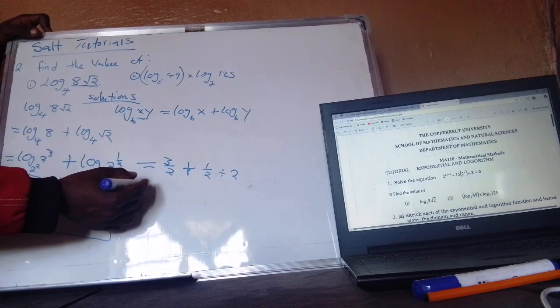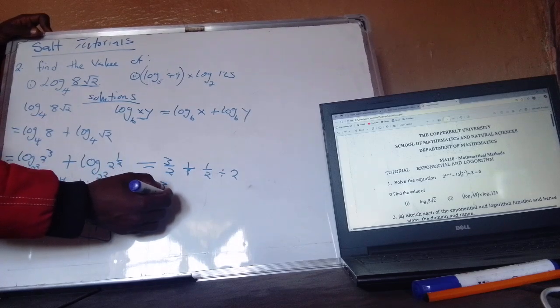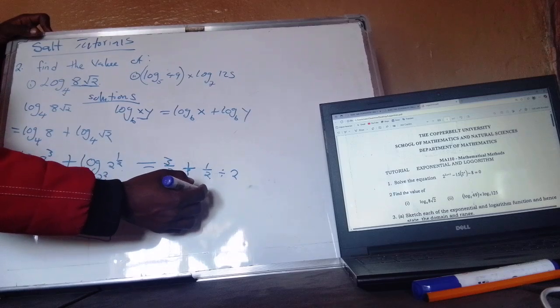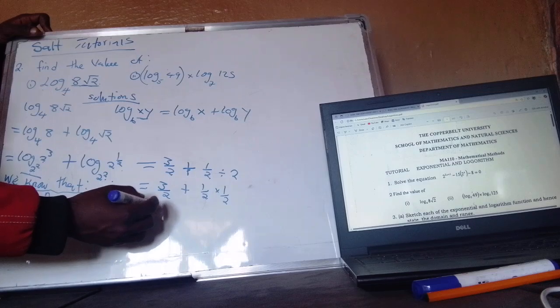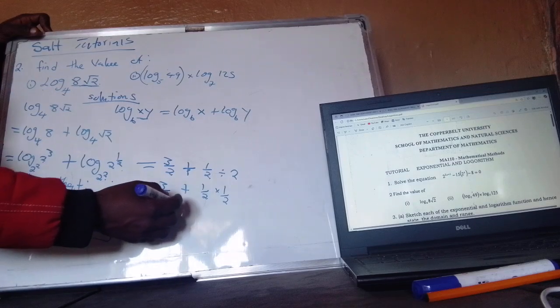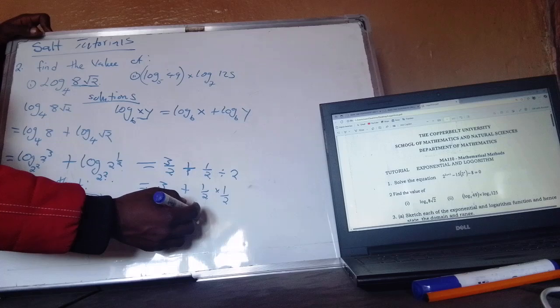Simplifying everything, this will be 3 over 2 plus 1 over 2 multiplied by 1 over 2, which is equal to 3 over 2 plus 1 over 4.